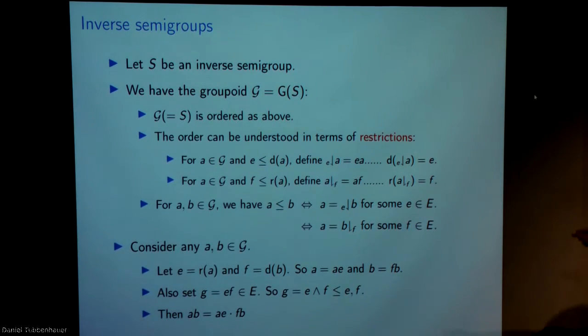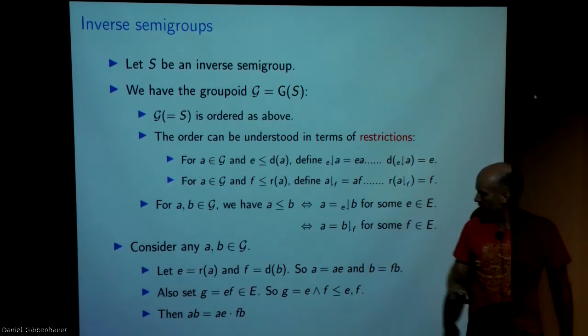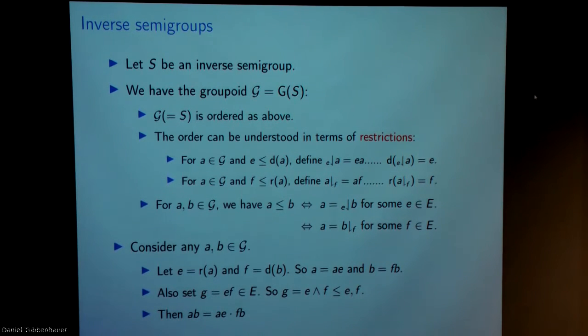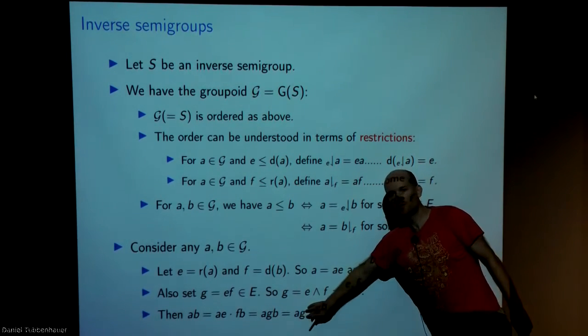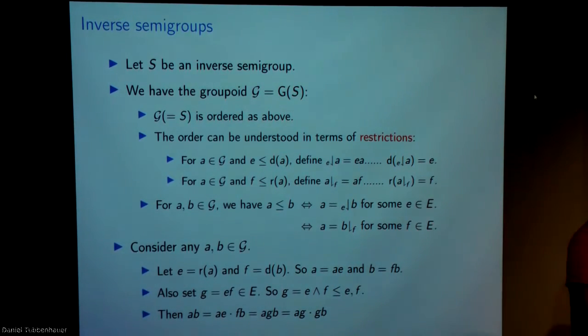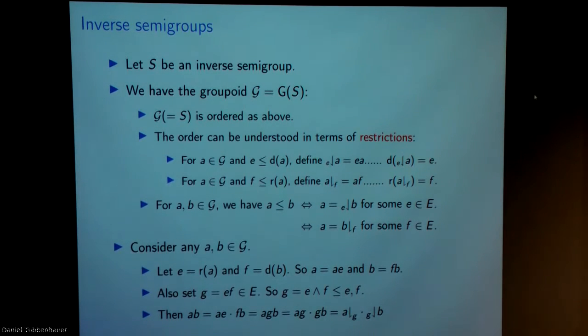And if we just calculate the product in the semigroup, so remember we are actually in the semigroup, apply those laws there. EF is in the middle, so that's a G. G is an idempotent. And because G is below A, this is actually a restriction of A to G, and similarly B to G. And since this has range G and domain G, this is an example of a product where domains and ranges match up.